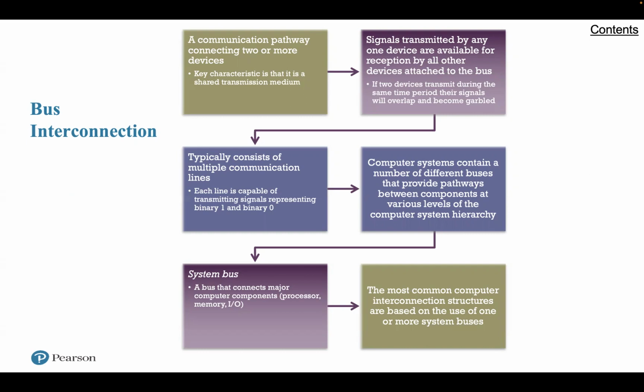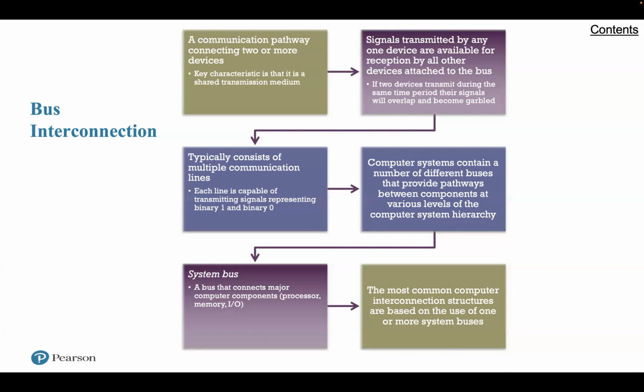Typically, a bus consists of multiple communication paths or lines. Each line is capable of transmitting signals representing binary 1 and binary 0. Over time, a sequence of binary digits can be transmitted across a single line. Taken together, several lines of a bus can be used to transmit binary signals simultaneously, that is, in parallel. For example, an 8-bit unit of data can be transmitted over 8 bus lines.